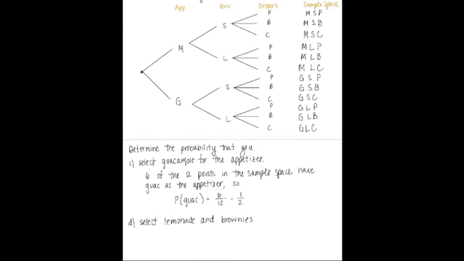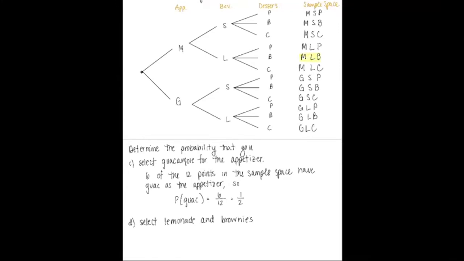So how many places do you see both lemonade and brownies? 8 would be if you selected one or the other.